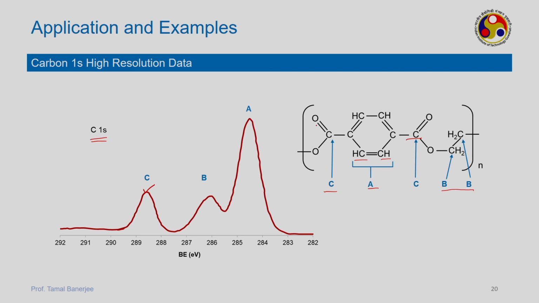First is C-O, then C-H, then CH2. This A and B are saturated and unsaturated, and you see they are located in different directions. Those at A are C-H, which is less, and those bonded to the end hydrogen atom have higher energies.